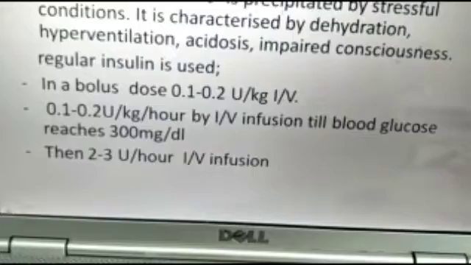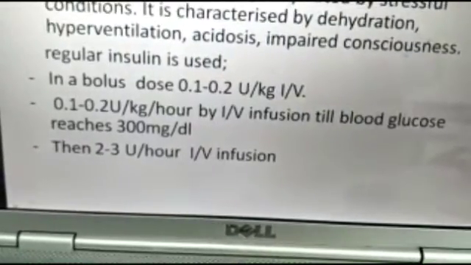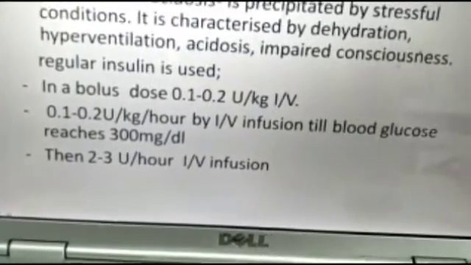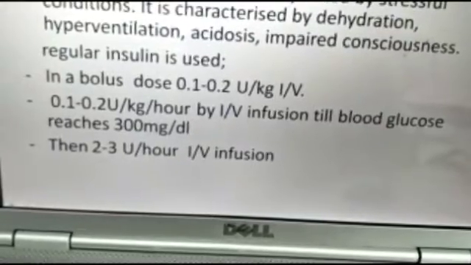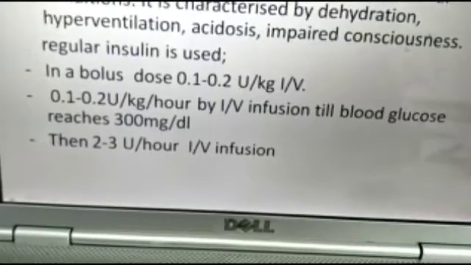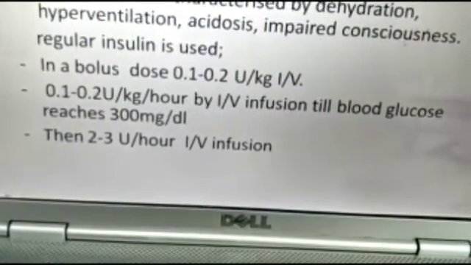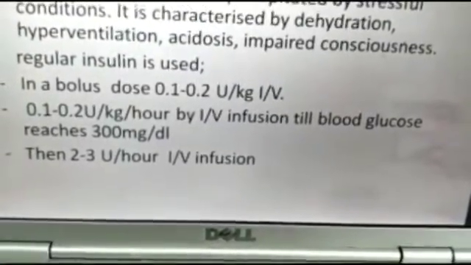This is usually achieved in 4 to 6 hours. Then the infusion rate is reduced, and per hour we give only 2 to 3 units. See here, it is 2 to 3 units per hour, not per kg. So bolus dose followed by infusion of high dose followed by infusion of low dose is the treatment for diabetic ketoacidosis.